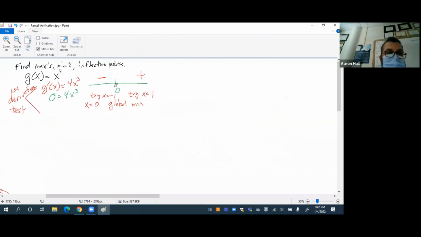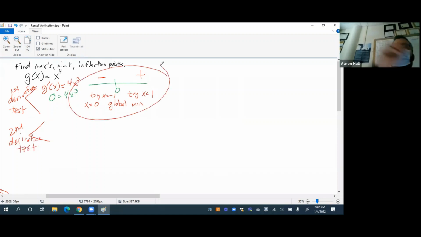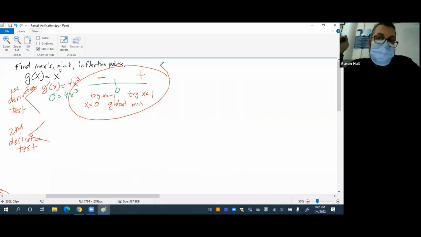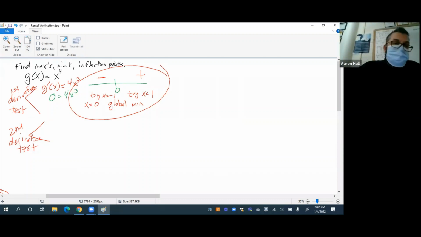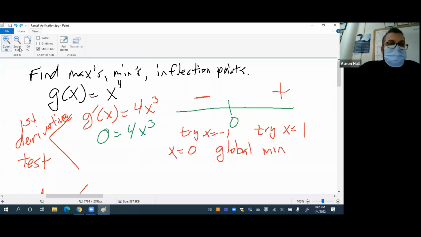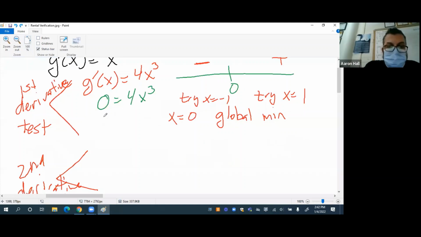If we take the second derivative, what kind of test are we engaging in? Yeah, the second derivative test. The first derivative test tells me my slope. The second derivative test tells me my concavity. So we're taking the second derivative. I have g double prime of x equals 12x squared.